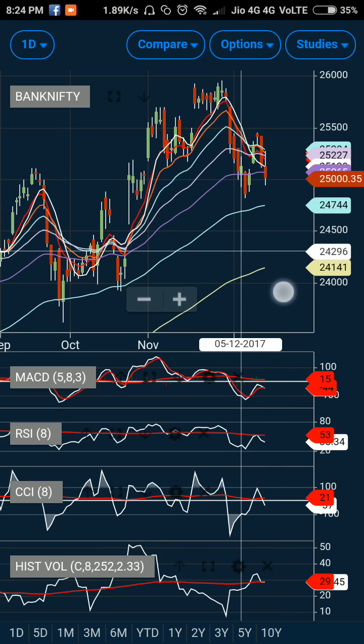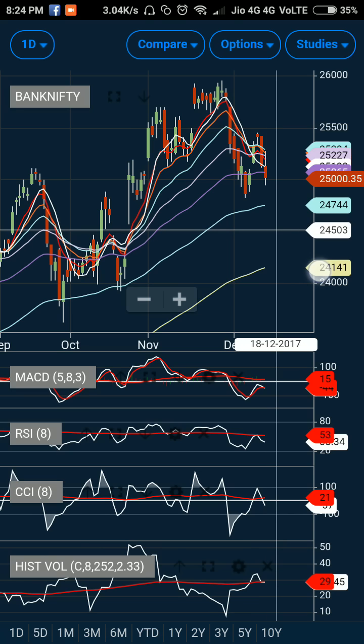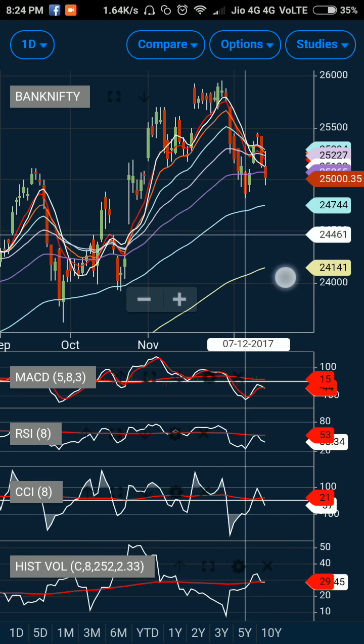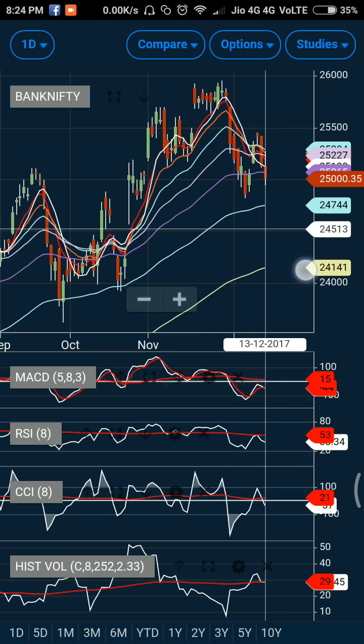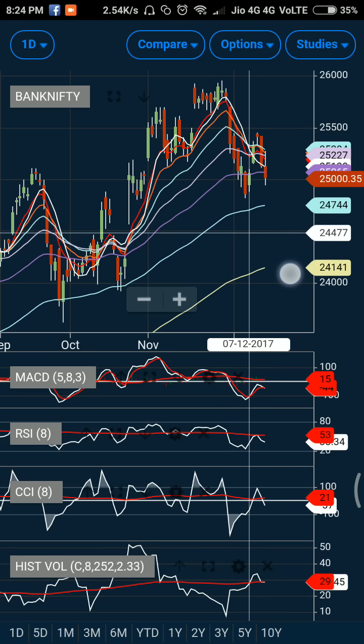So on any downside, you can expect 24,744 in the Bank Nifty straight away. From 25,000 to 25,500, I can see put short covering, though not aggressive, but it has started. So Bank Nifty looks bearish to me, but we need confirmation because we have not taken any position, either bullish or bearish.